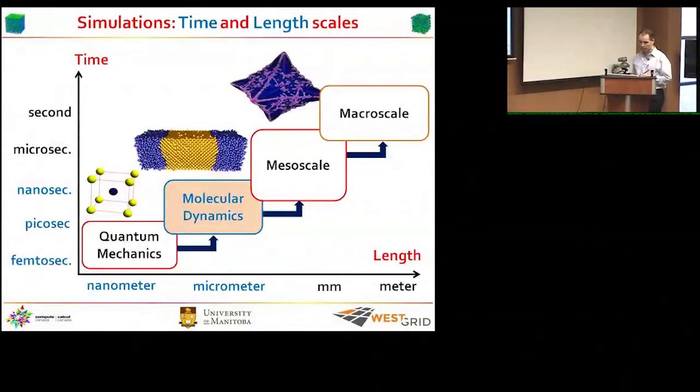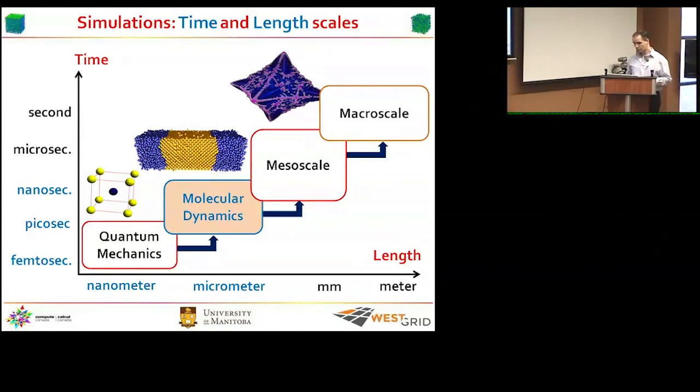In this picture, I presented the different levels of simulations. We start with quantum mechanics. Using first principle or ab initio simulation, we can use just a few atoms, and the time scale and the length scale are very small. So we are speaking about femtoseconds to picoseconds in time.